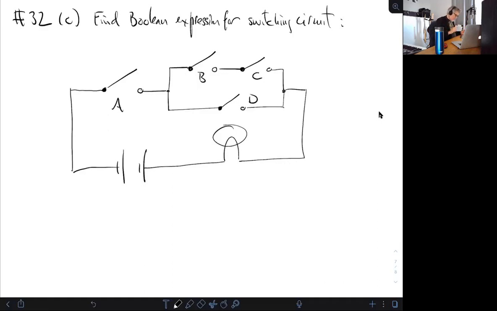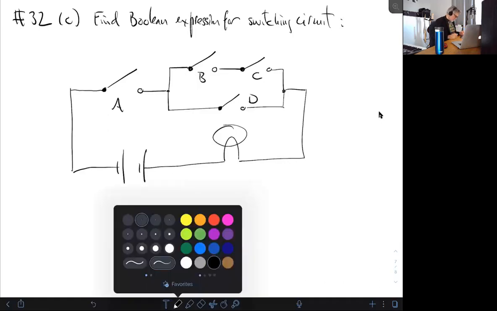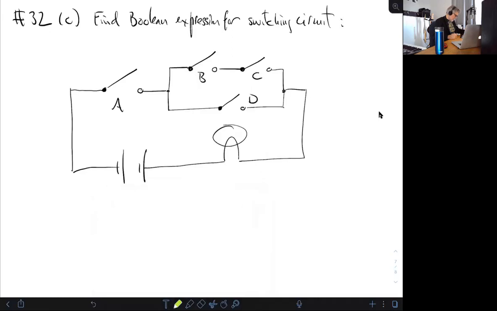Let's say this is your battery. This is your lamp, right? And the lamp will light up if the circuit is closed, right? And closed means the value at that point is 1, okay?